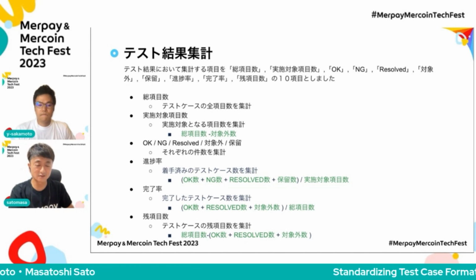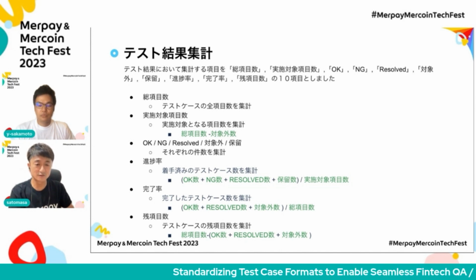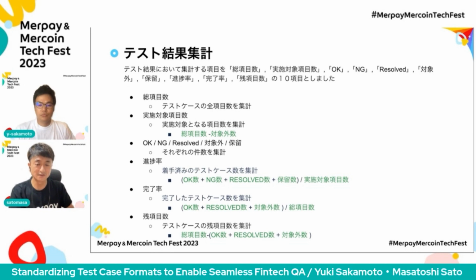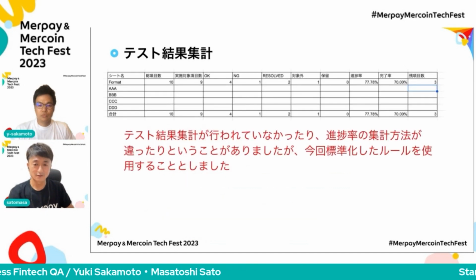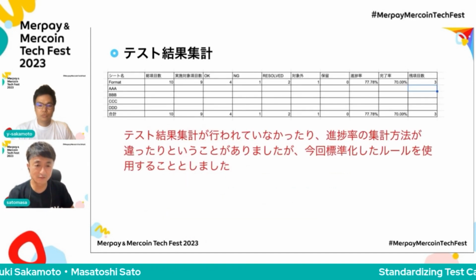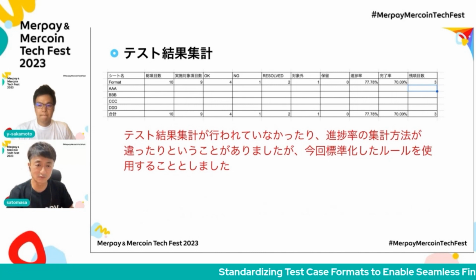So depending on the team, if the progress calculation method was different, or if there was a different way of counting the items, these differences were resolved, so we were able to count them in the same way. In Merpay, we're using this aggregation sheet to manage the test results.